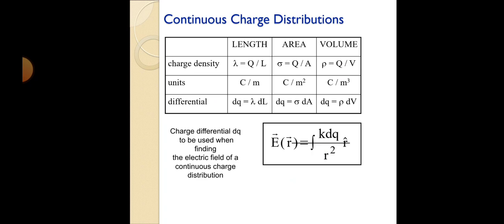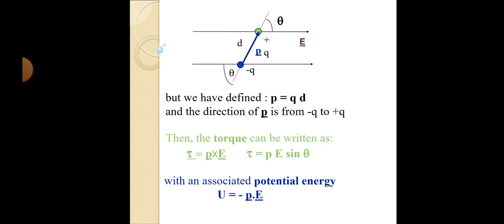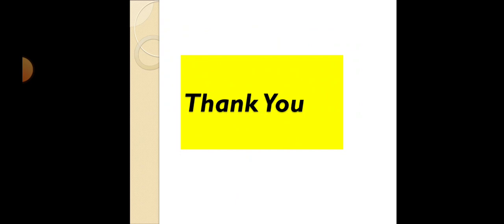Some continuous charge distributions are there, with charge density by length, area, volume, and here we get the potential energy U equals minus p dot E. Thank you. In the next module we will discuss potential energy.